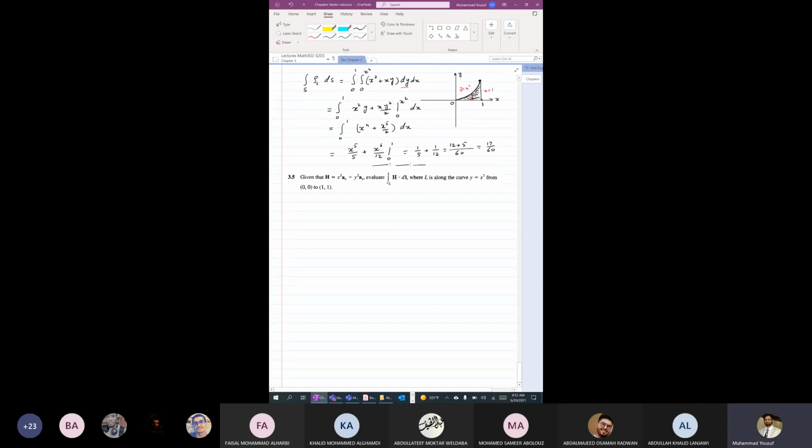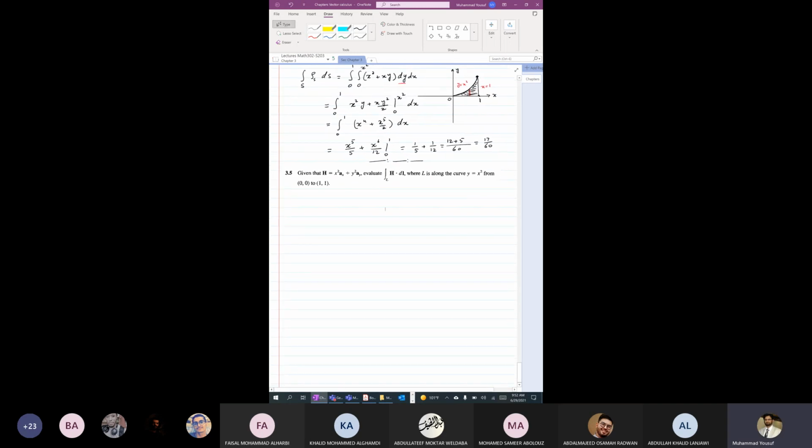Now again here y is equal to x square, and here we are not solving a surface integral. We are solving a line integral, with this h and L. This is in Cartesian coordinates. In Cartesian coordinates, dl is equal to dx ax plus dy ay.